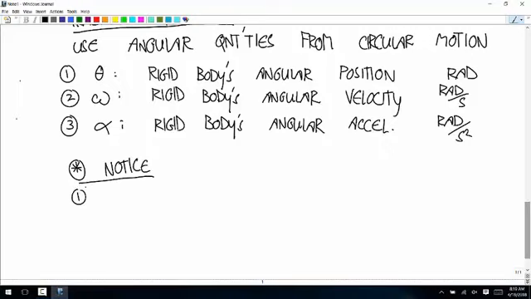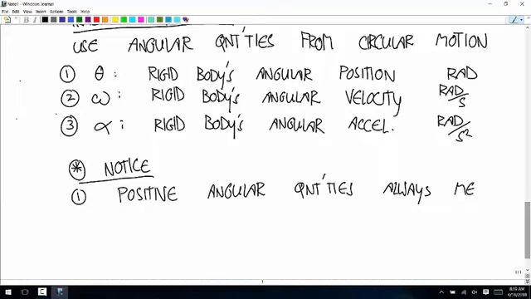The first one is positive angular quantities always mean counterclockwise rotation. We're only going to be doing stuff in 2D, so counterclockwise is a reasonable way to describe it.